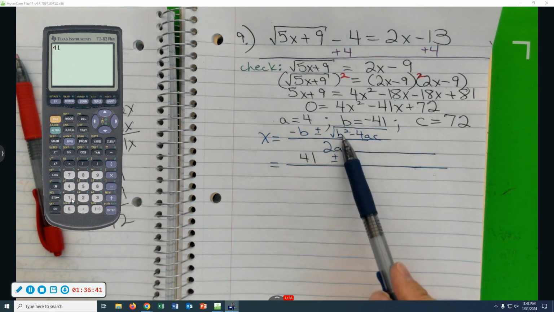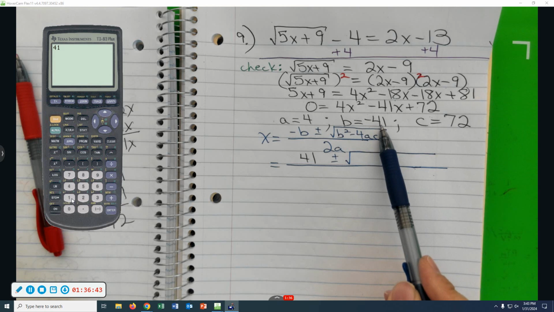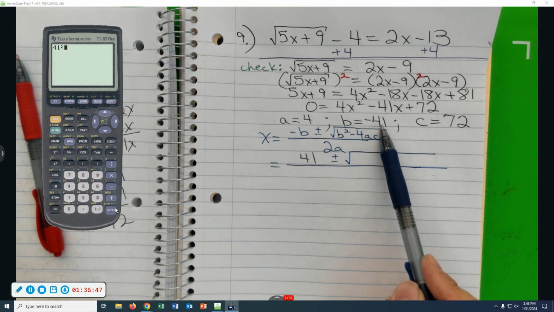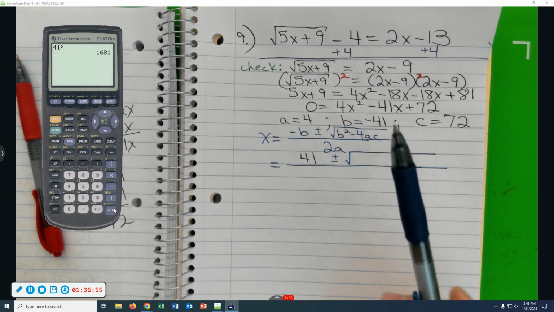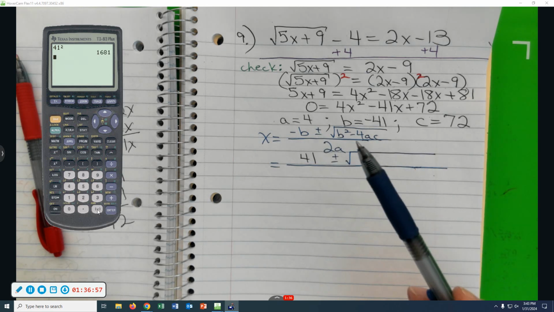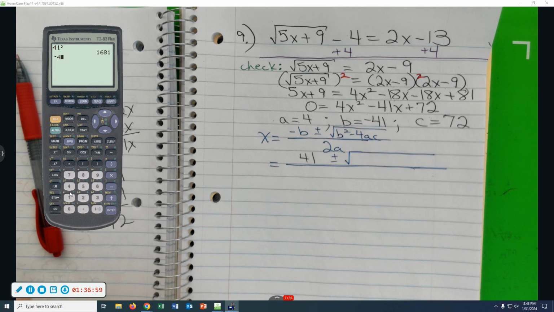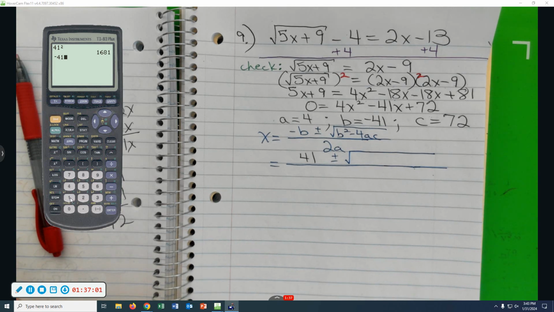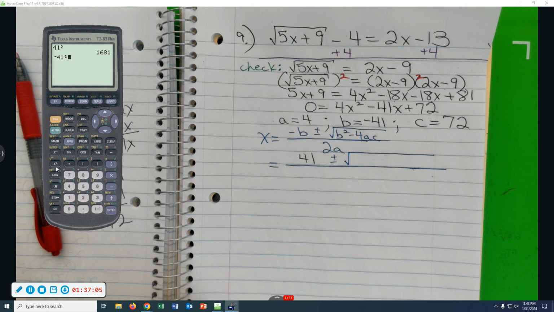Okay, b squared, that's a negative 41 times a negative 41. That's going to have what sign? Negative times negative is going to be positive. So look at what Tony did. He just wrote 41 squared. Make sure if you're using a calculator, and who wouldn't be using a calculator on this, you don't do that.